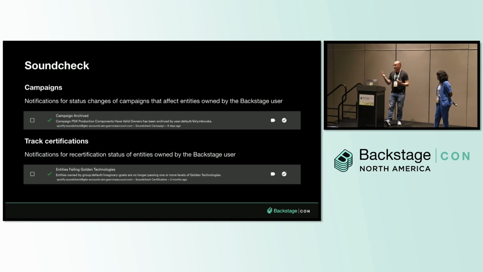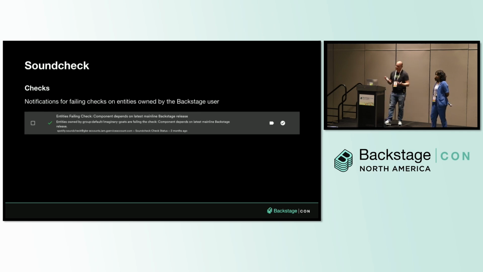Same thing when tracks are recertified, and if they go up or down, they get that notification. And same with checks. Checks are a smaller component of that overall scorecarding. Again, great value that we get out of that. Instead of an engineer having to monitor Backstage for this information, they can just get it, work on other things, and only have to tackle it on demand.